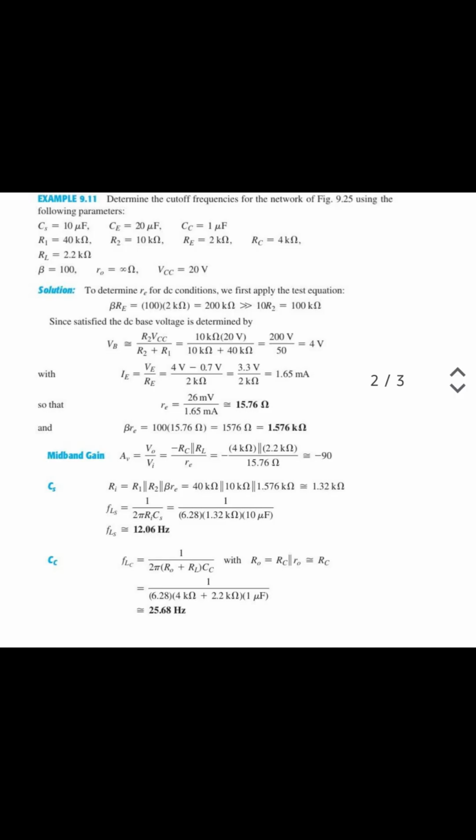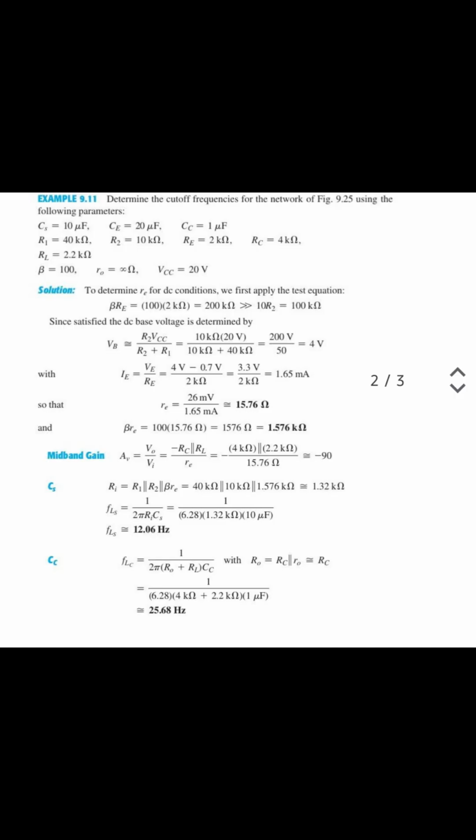The input coupling capacitor is 10 microfarad, R1 is 40 kilo ohms, RL is 2.2 kilo ohms, beta is 100, the emitter bypass capacitor is 20 microfarad, R2 is 10 kilo ohms, the output coupling capacitor is 1 microfarad, RE is 2 kilo ohms, RC is 4 kilo ohms, ro is infinite, and VCC is 20 volts.